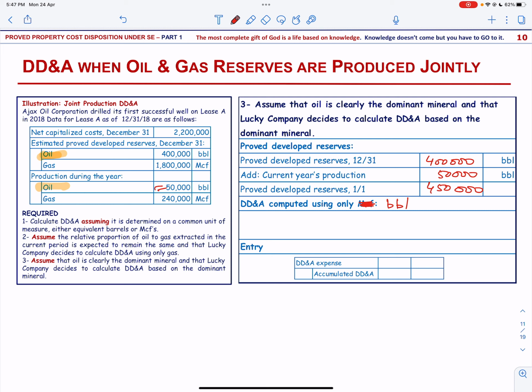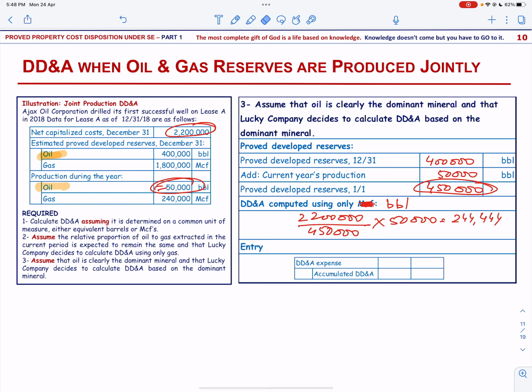So net capitalization cost is 2,200,000 divided by the proved developed reserves at the beginning of the year, that is 450,000, times the production, and the production was 50,000 for oil, and this is equal to 244,444.